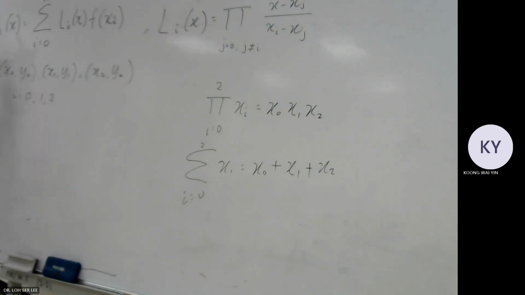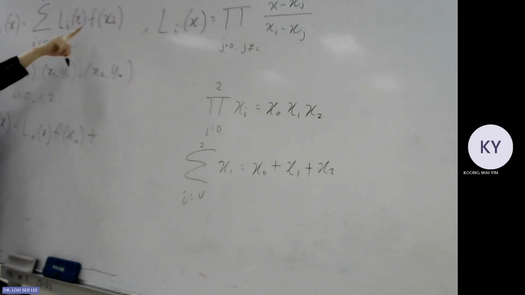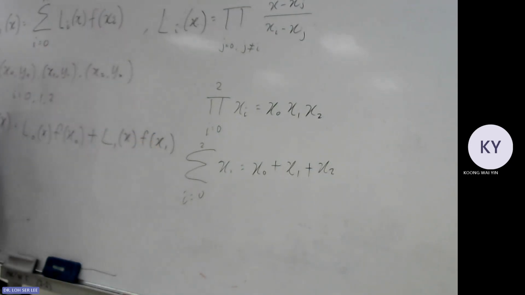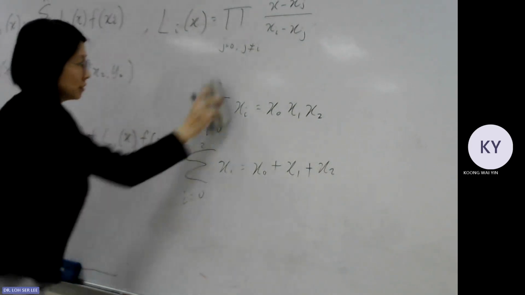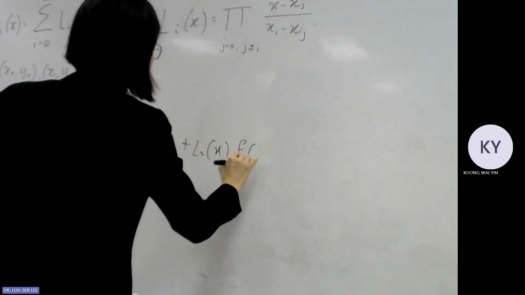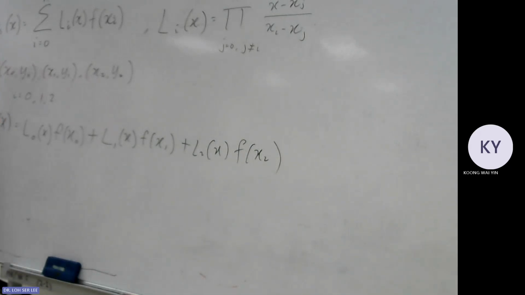So when we expand f(x), it will start from 0: L0(x) f(x0), the first one, and then plus, because of the summation, L1(x) f(x1), and then plus when i is 2, L2(x) f(x2). So this is the general formula.